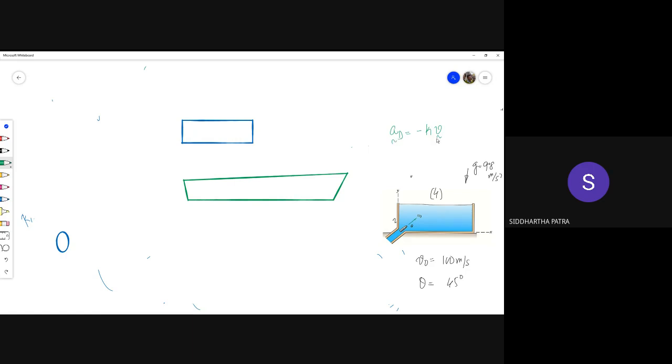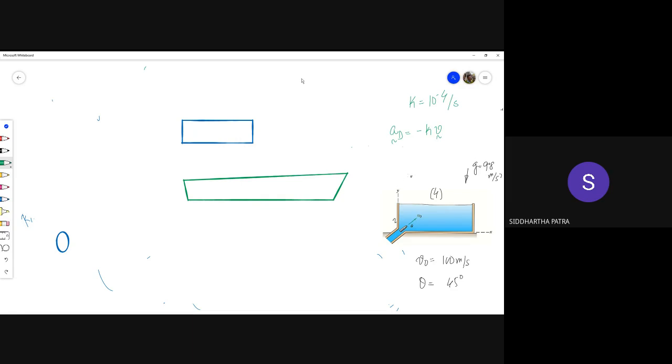So you understand what is happening here. It is proportional to the direction of the velocity, which basically means it has both x and y components. Let's say k is 10 to the power minus 4 per second.